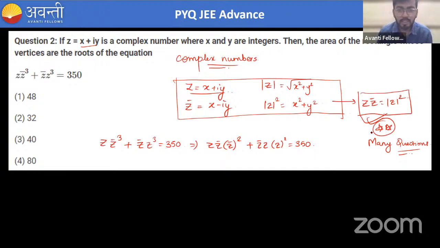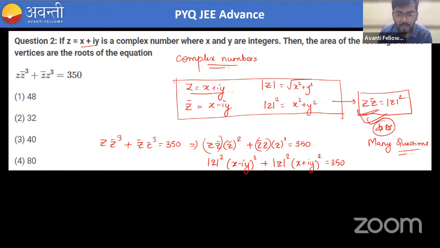So we all know that z z conjugate is equal to mod of z square. I'll be directly applying that here. I'll be writing mod of z square into z conjugate square. Now z conjugate square will be x minus iy whole square plus, here as well I will write mod of z square into z square, x plus iy whole square equals to 350.